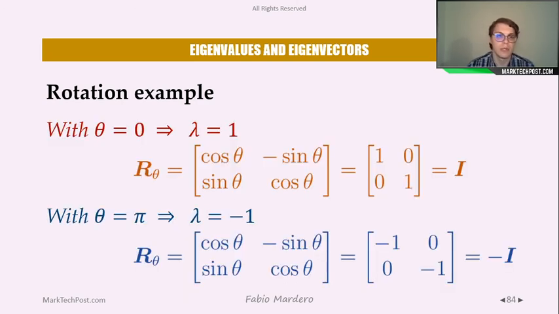With theta equal to 0, we can easily get that the eigenvalue is equal to 1. So the transformation matrix of the rotation can be written as the identity matrix. So nothing changes using theta equal to 0, of course. Using theta equal to pi, the eigenvalue is equal to minus 1. We get the opposite of the identity matrix.